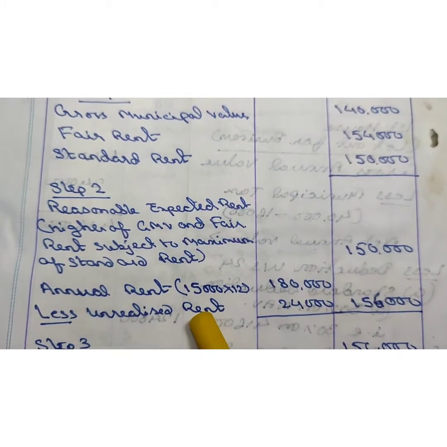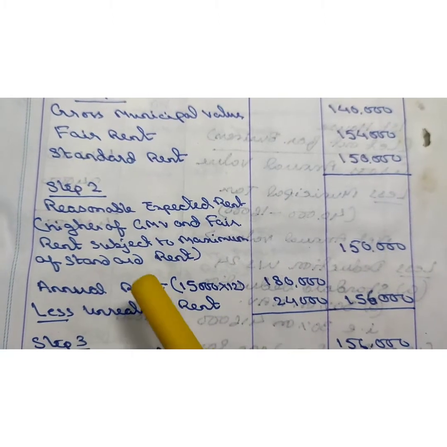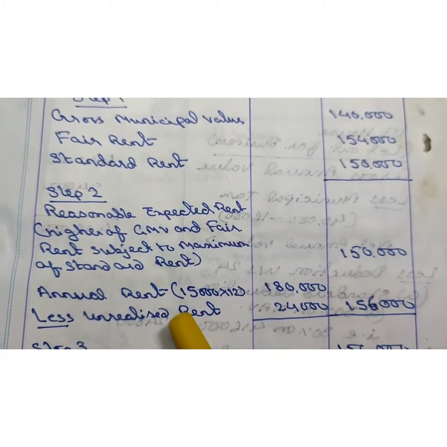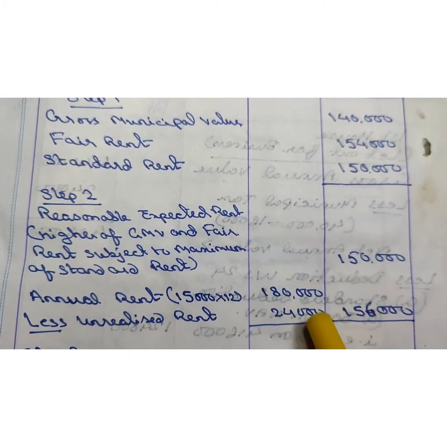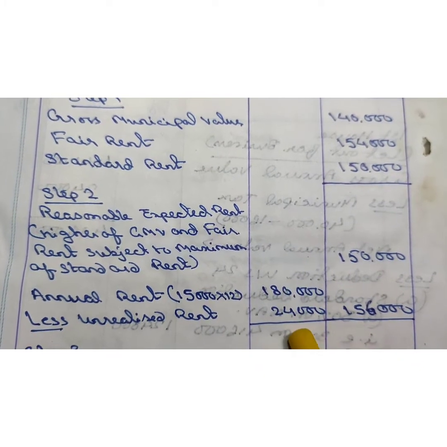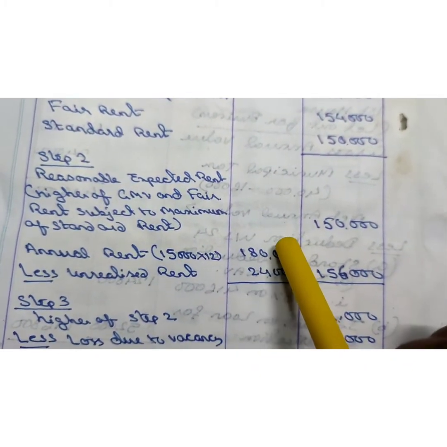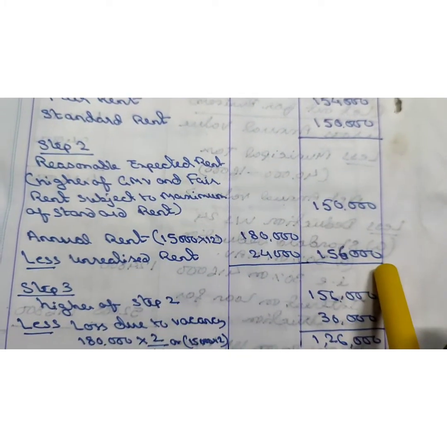Here we assume that rule 4 for unrealized rent has been satisfied by the owner. So these 24,000 should be deducted from annual rent. So after reducing 24,000 from 1,80,000, annual rent comes to 1,56,000.